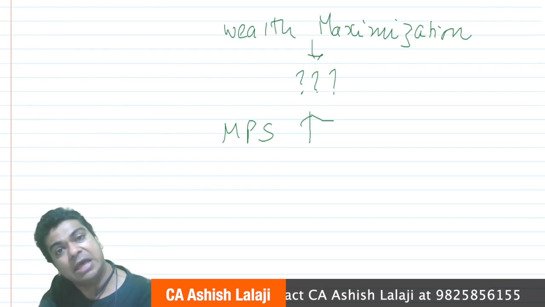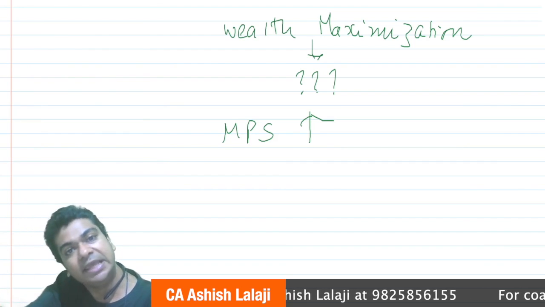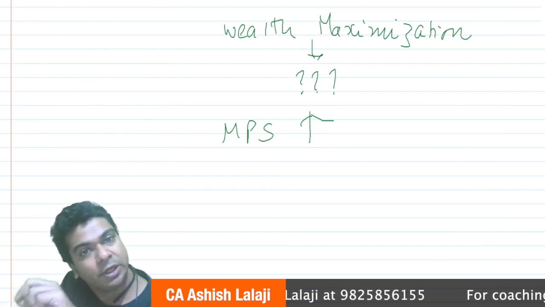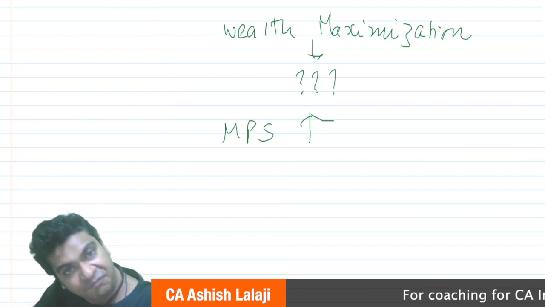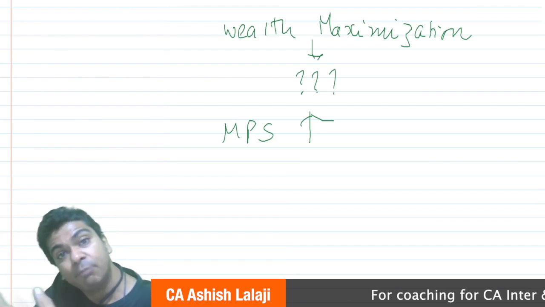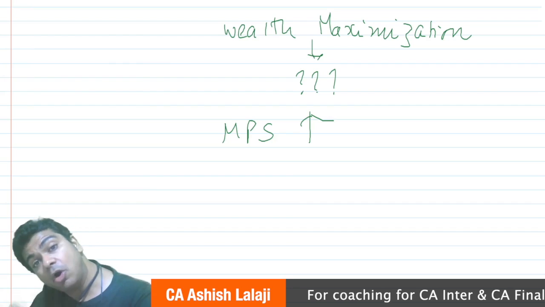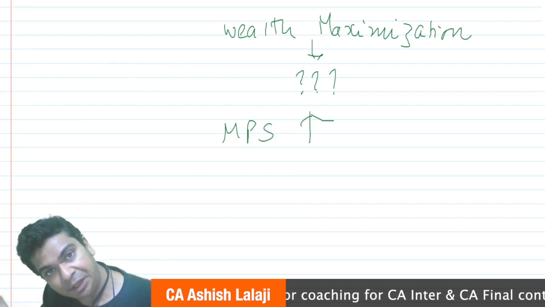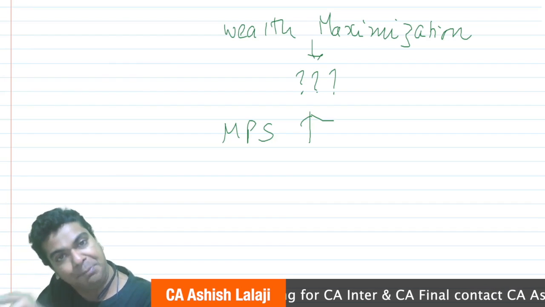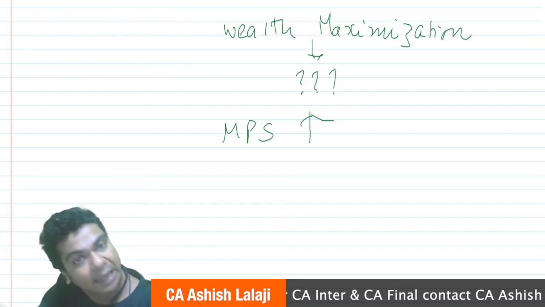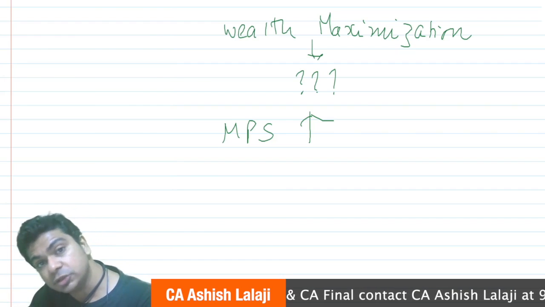So many companies have linked the pay packages of their top level management to the EVA. Instead of telling the top level management that we will give you 5% commission of profit, they are saying that your remuneration will be linked to the EVA. If the company produces positive EVA, then only you will get the necessary remuneration.